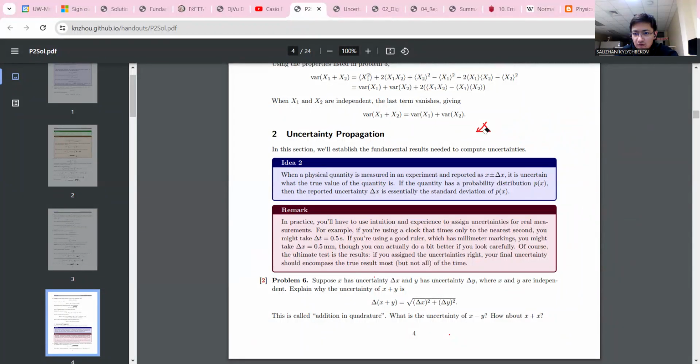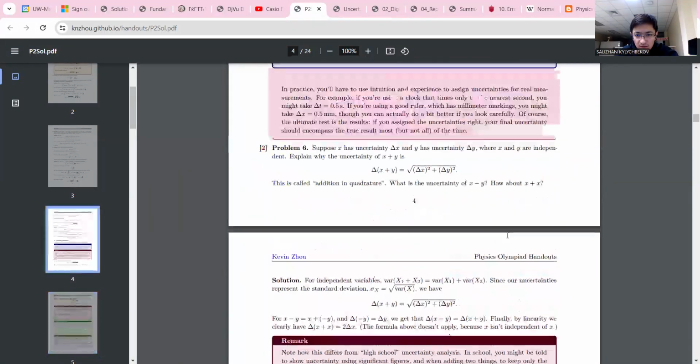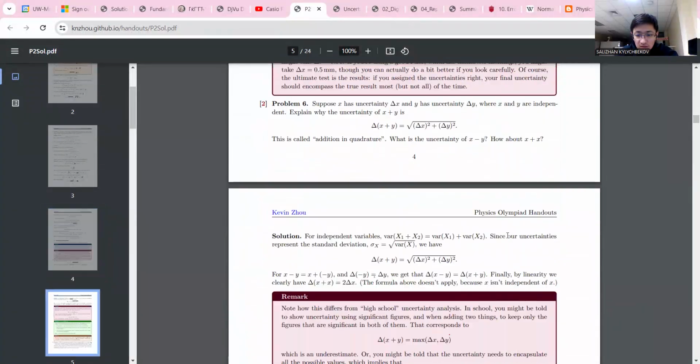But how about if your result is basically this? That's a little bit tricky, because in that case, by linearity, it comes from independence; in fact this is dependence.